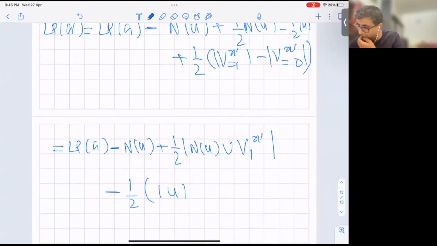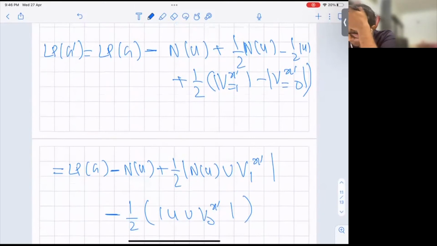Okay, so now let's look. I'm not very good with these equations, but I need to do them, otherwise I have no choice. N of U is N of U here, right?